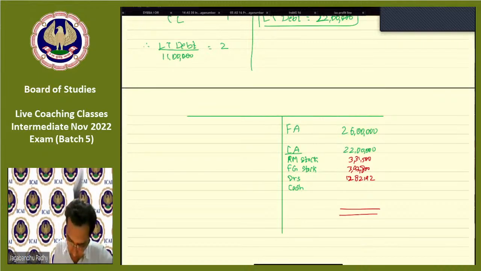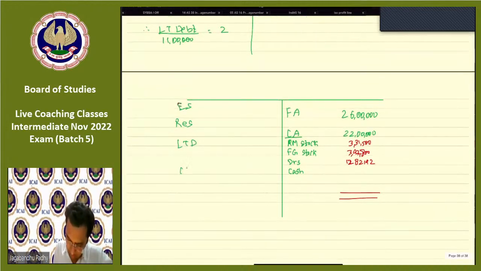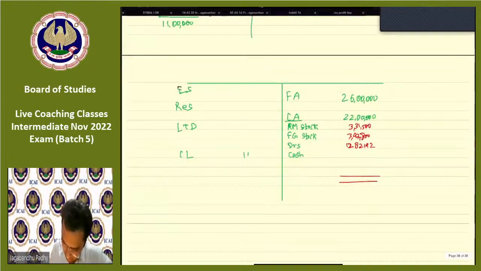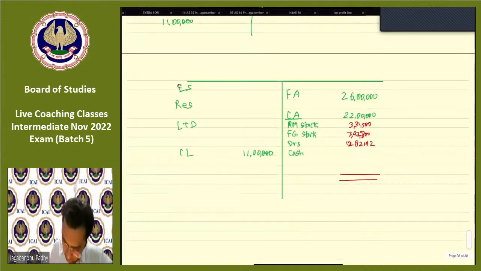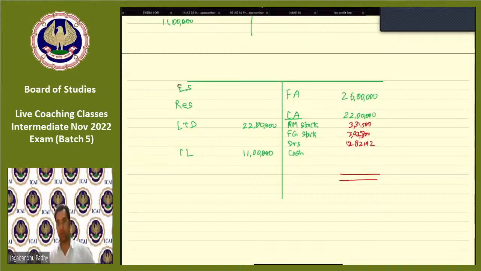Then share capital, we have got equity share capital. We've got the reserves, long-term debt, current liability. Current liability is 11 lakh. Long-term debt is 22 lakhs, right?